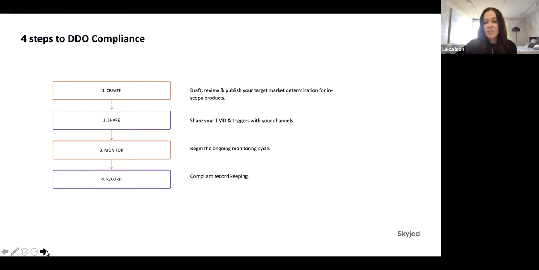As I step through each of those components, I'm going to highlight, as Andrew said, some of the challenges that we're seeing across the various industries. I'm also going to offer some tips on how to address them when you're setting up your product governance and your target market determination. I'll probably spend about 20 to 30 minutes on the detailed walkthrough of the examples so that we can have some good discussion and take questions at the end.